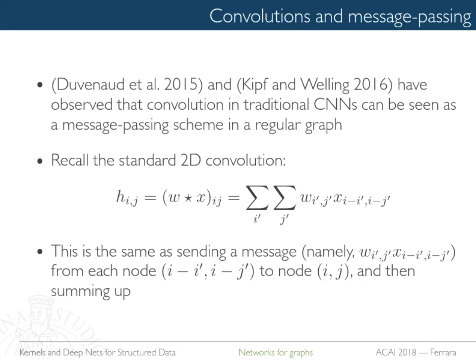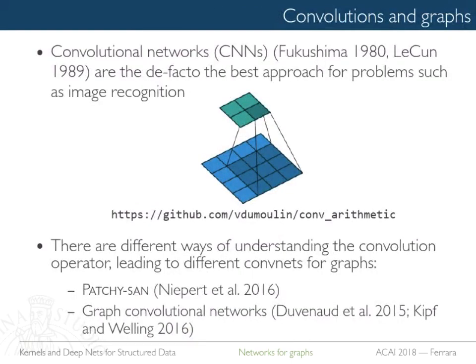Well, this is exactly the same as sending a message in a graph. Which graph? If you look at these operations here, who's sending a message to whom? Can you visualize in your mind from the equation? Or maybe you can look at that, maybe it's easier, right? Well, the neighbors are sending messages, right?